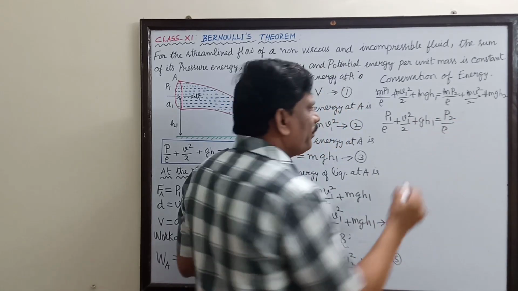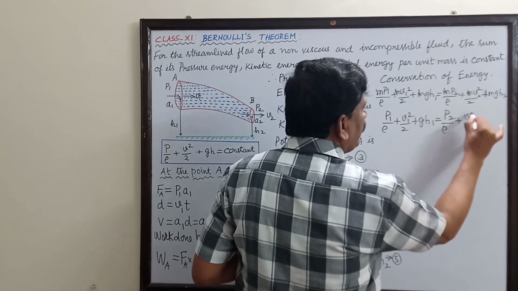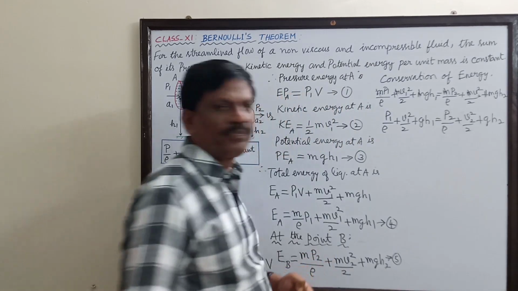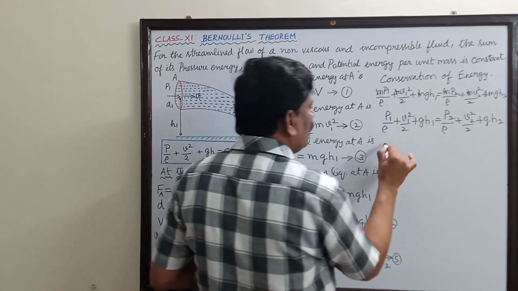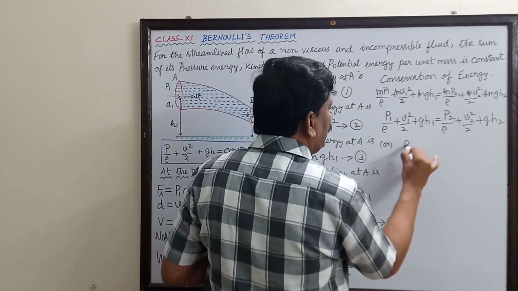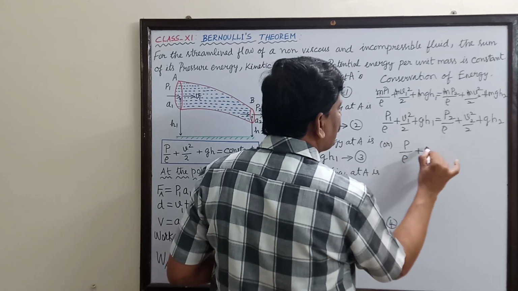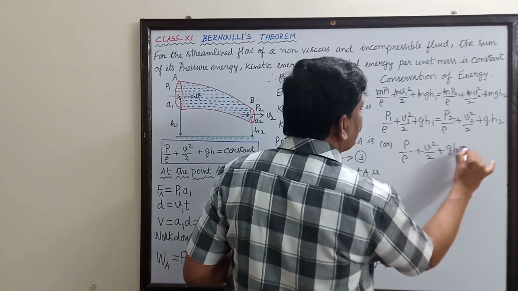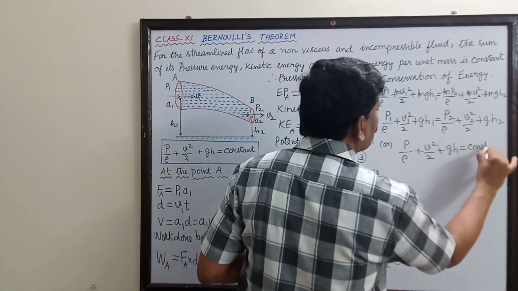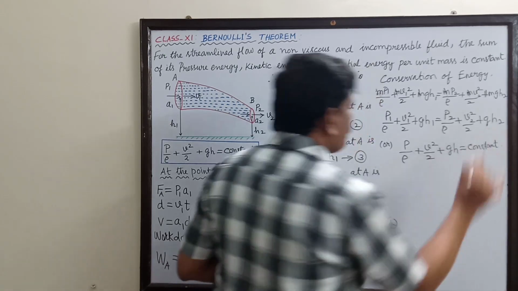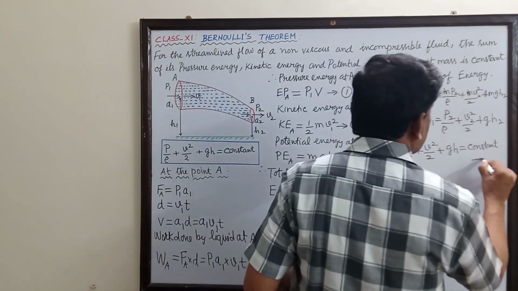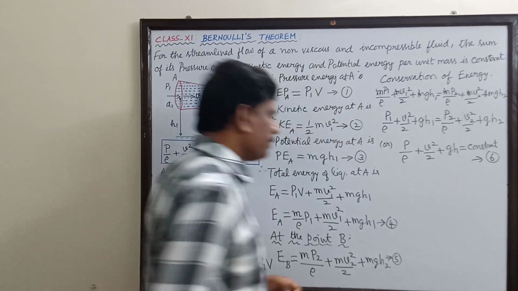P2 by rho plus V2 square by 2 plus gh2. Or we can write P by rho plus V square by 2 plus gh is equal to a constant. So this is our proof, and this is the last equation, number 6.